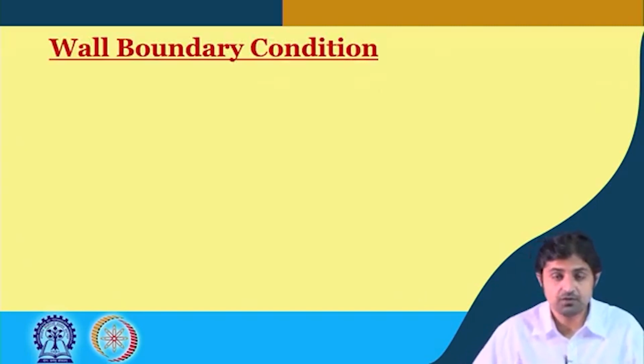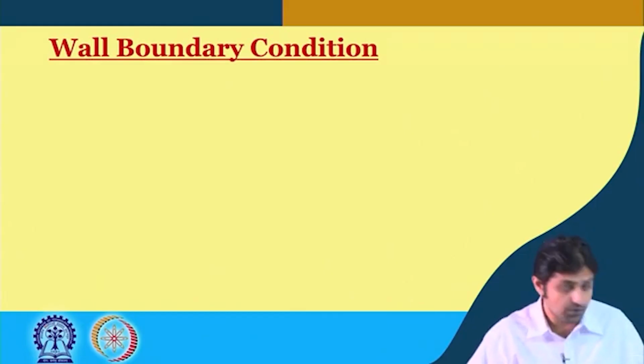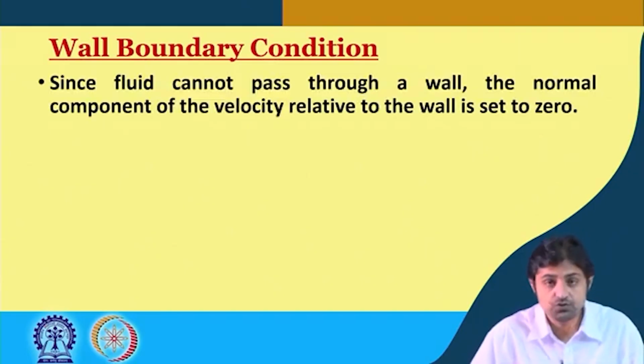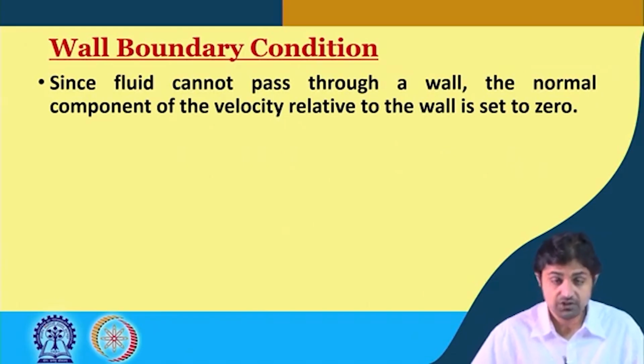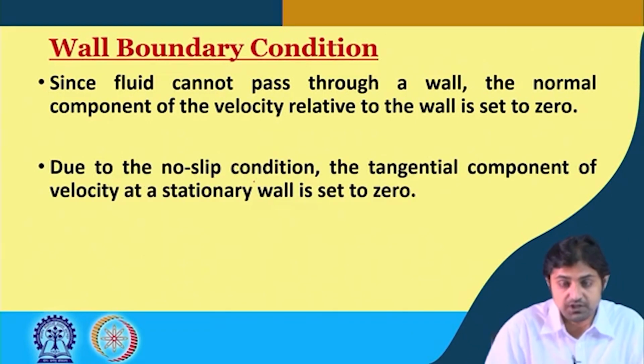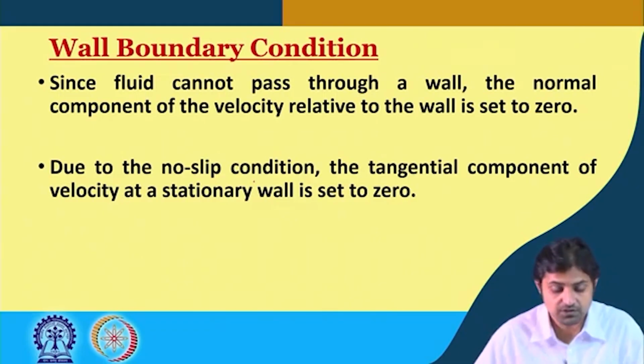Now, as I said, I mentioned being closed and being open. There is a wall at the boundary. These wall and other concepts you have read in your previous lectures of hydraulic engineering. So, we are going to talk about the wall boundary condition. Since fluid cannot pass through a wall, the normal component of the velocity relative to the wall is set to 0. And what is this called? This is called the no slip condition. And therefore, due to the no slip condition, the tangential component of the velocity at a stationary wall is set to 0.